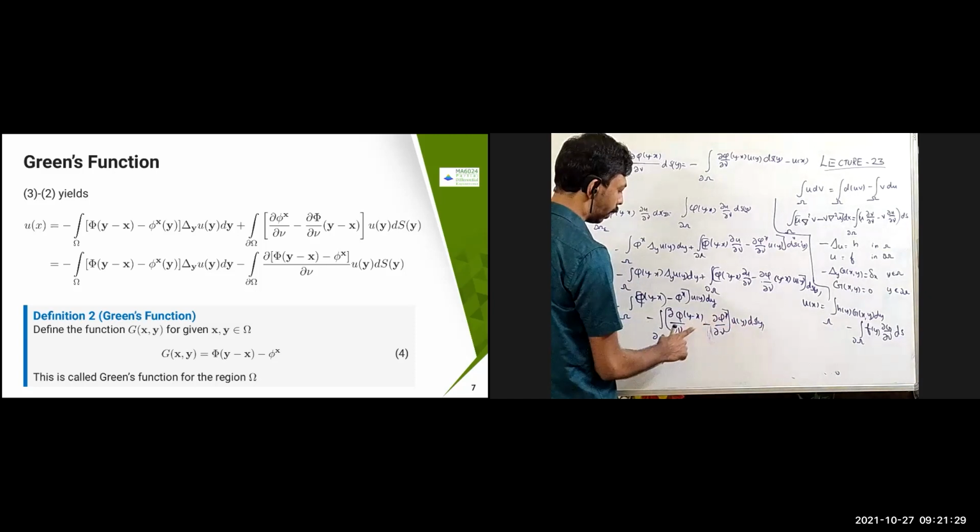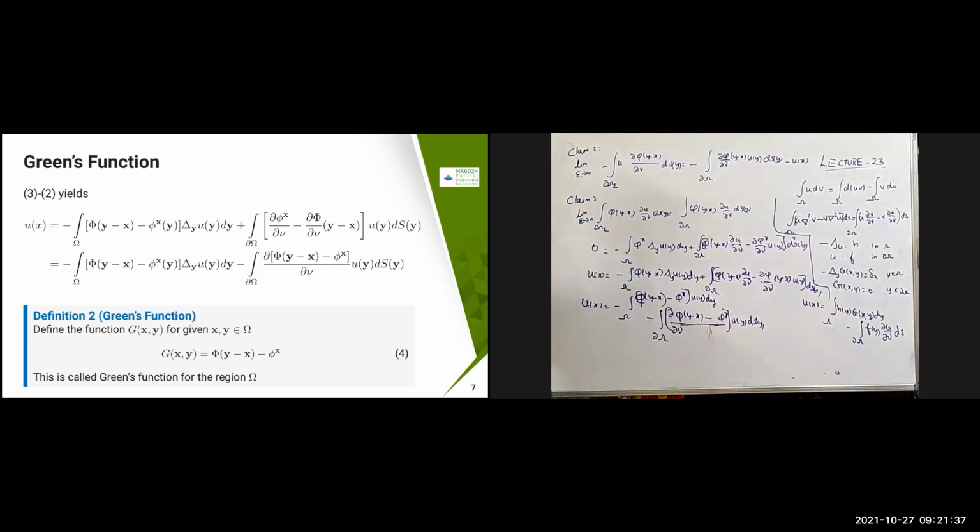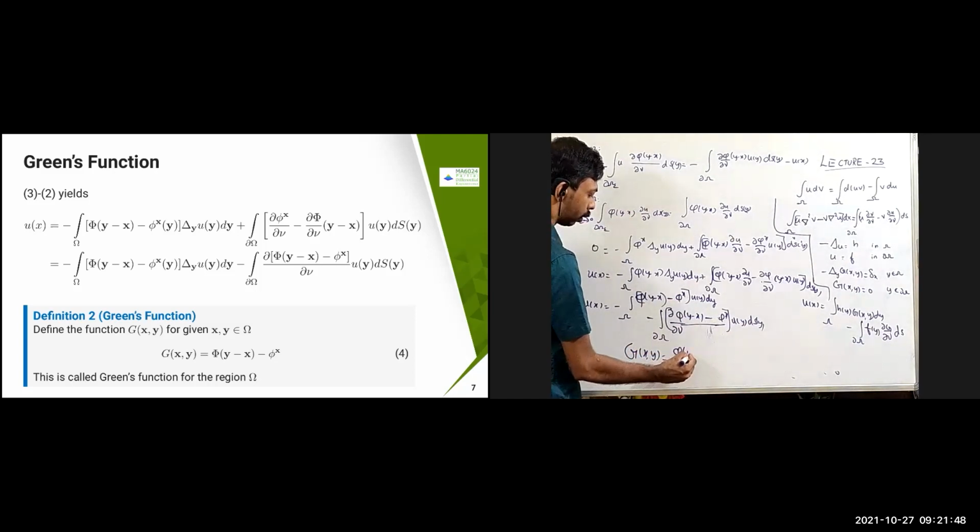So this one I can write together, instead of this one. Okay, dou of pi y minus x minus pi of x. So this pi of y minus x minus pi of x, that I'm going to call g of x, y. So this is called the Green's function.